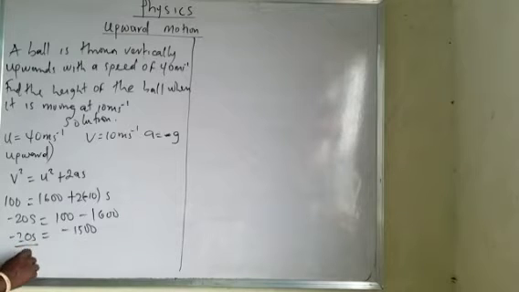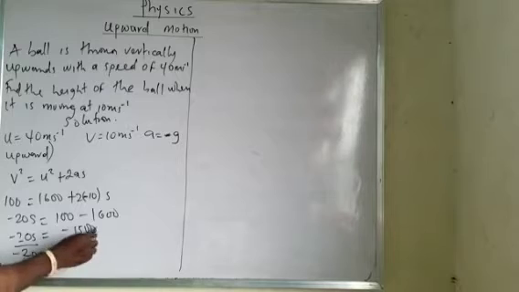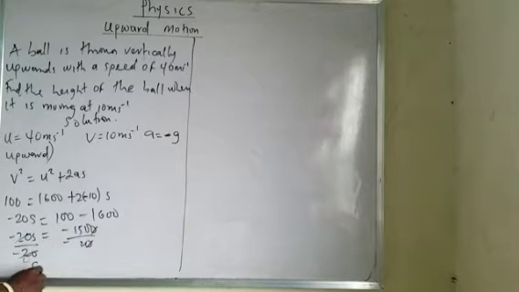Divide both sides by minus 20, and x will be equal to 75 meters. That is my answer.